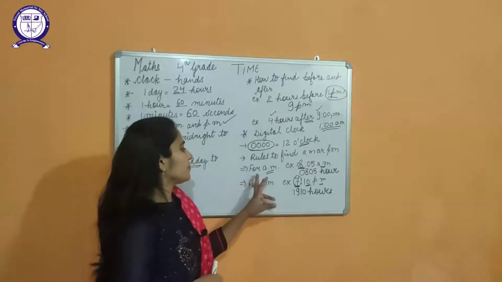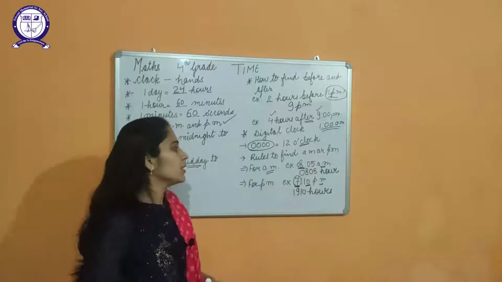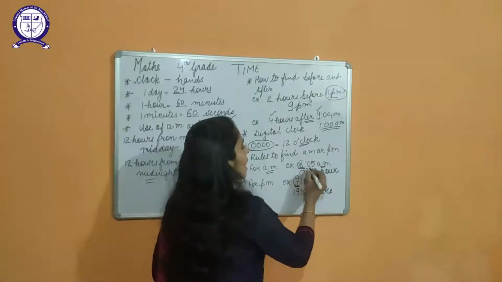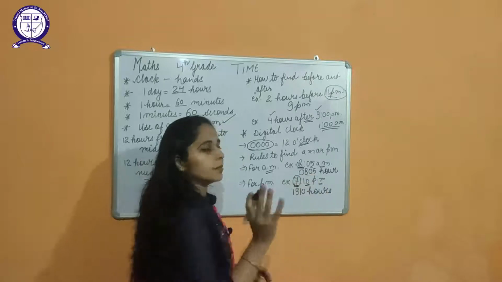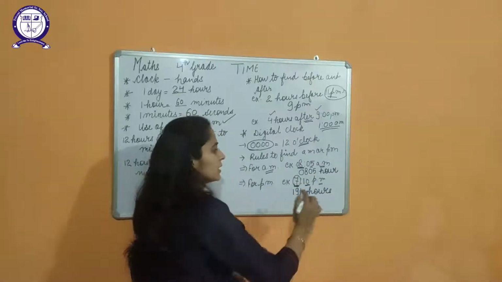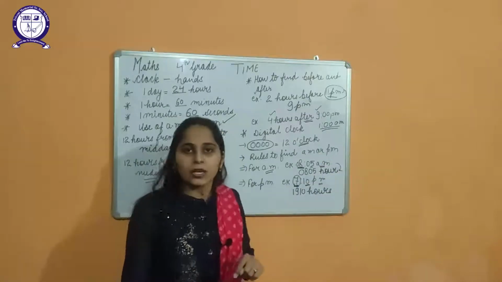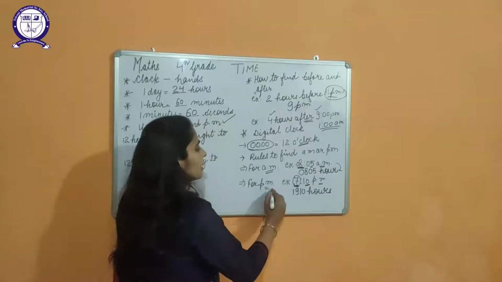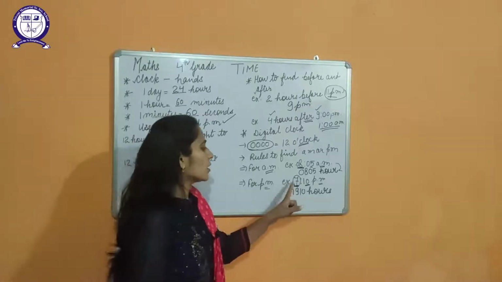So for am, when am is given, you will not do anything with the hours or the minutes. You will just write the hours and minutes as they are, and replace am with hours. Okay, but in the case of pm, students, you will add 12 to the hour.